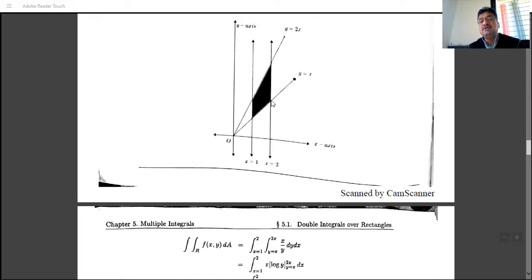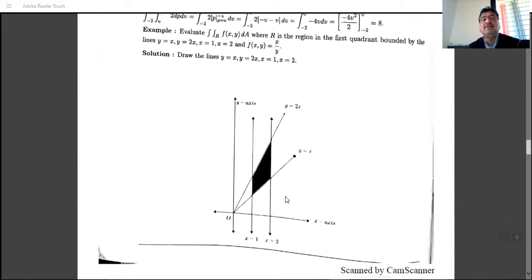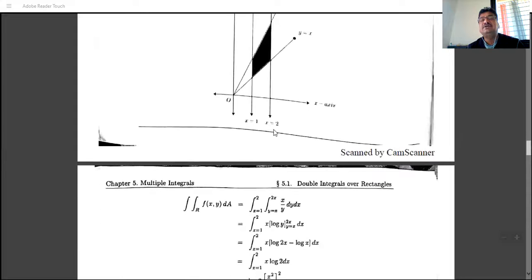This becomes complicated, because if you move the strip, one end touches this region up to this point, but after this point the end touches this other line. So we have to divide this region into two parts, R1 and R2, and then take the integral over R1 plus the integral over R2. That is, it is the addition of two parts.